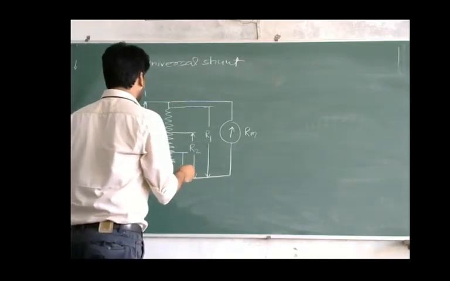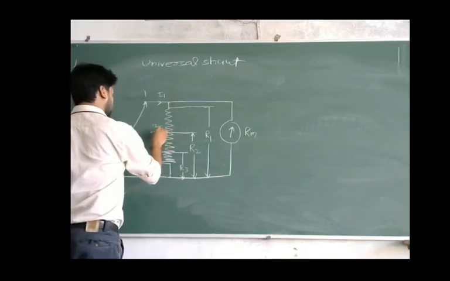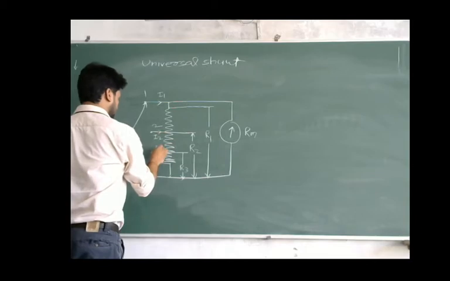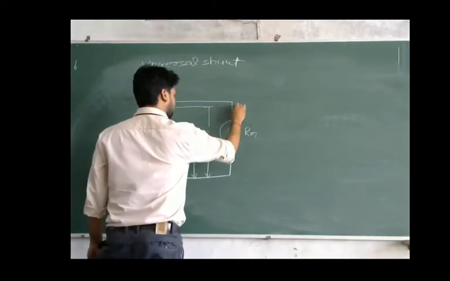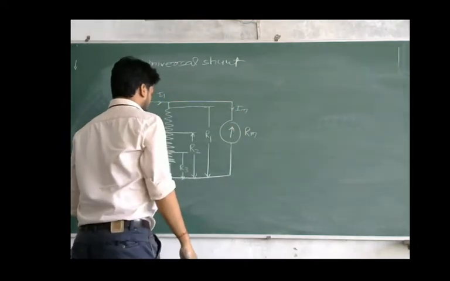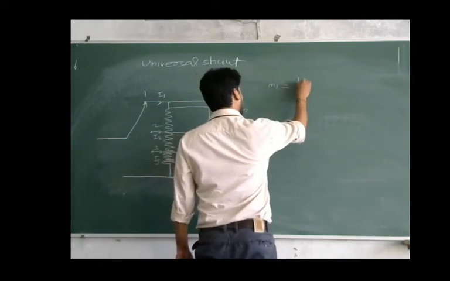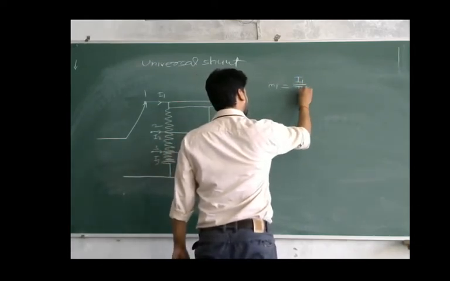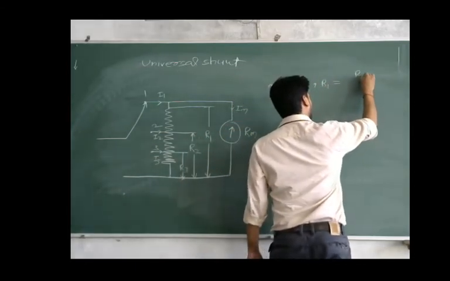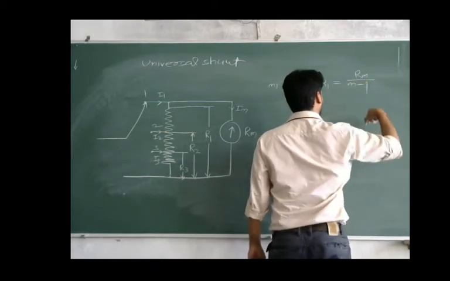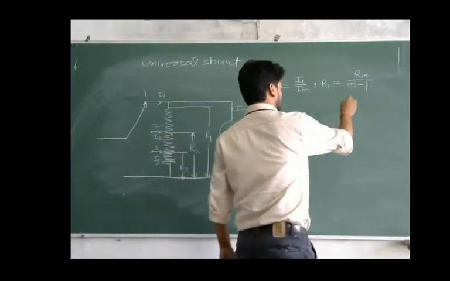Suppose the current here is I1, here is I2, here is I3, and this current is Im. So we can write the value of M1 as I1 upon Im, and the value of R1 can be written as Rm upon M1 minus 1.